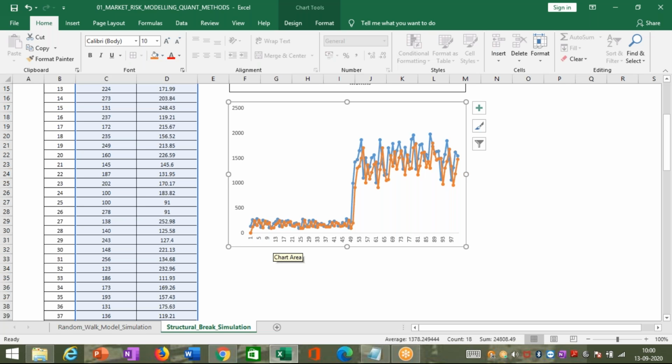Now, if you look into the differences of the impact of the values in between two lags, if I consider the difference between this point and this point, there will be a sudden increase, right? And that impact of the increase will remain.